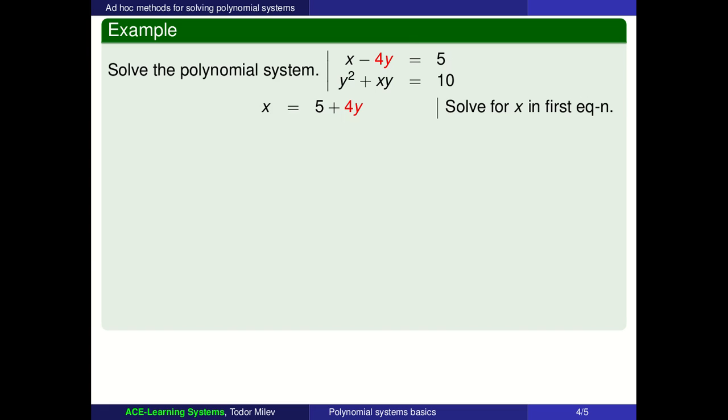Next, I have not used the second equation so far, so let me copy the second equation. Y squared plus xy equals 10. Now, I already know from the first equation that x equals 5 plus 4y. So I can substitute the variable x away in favor of the variable y.